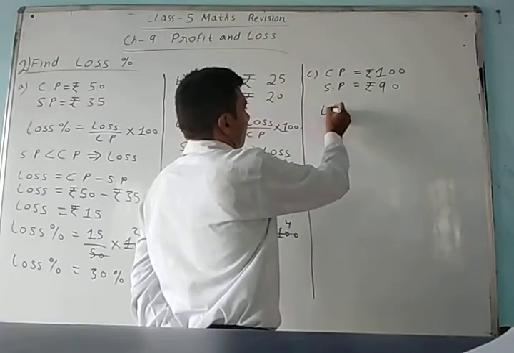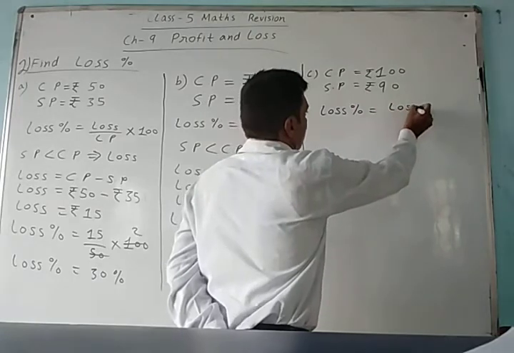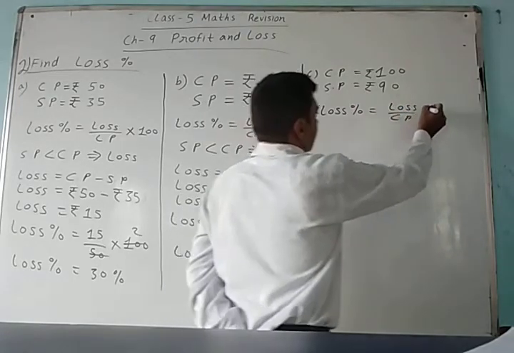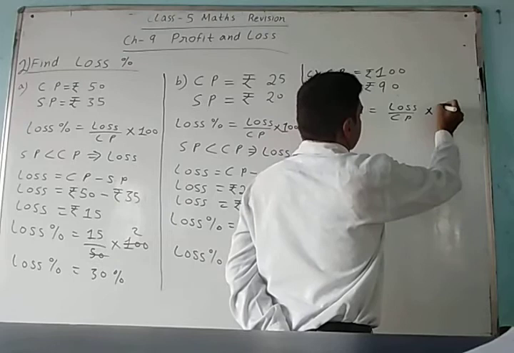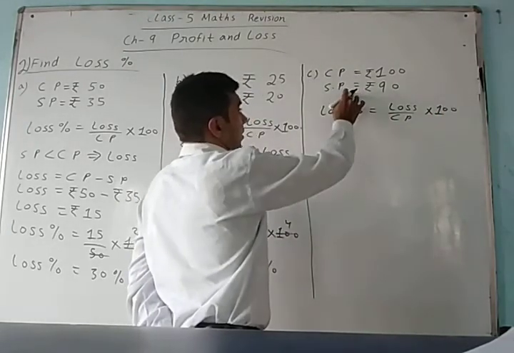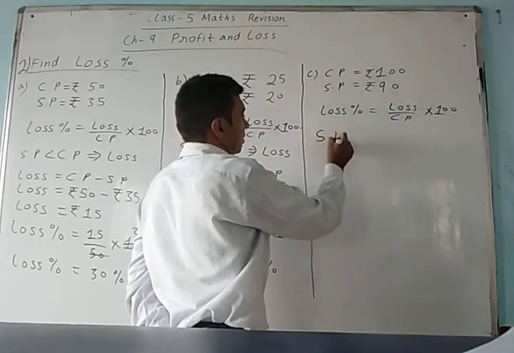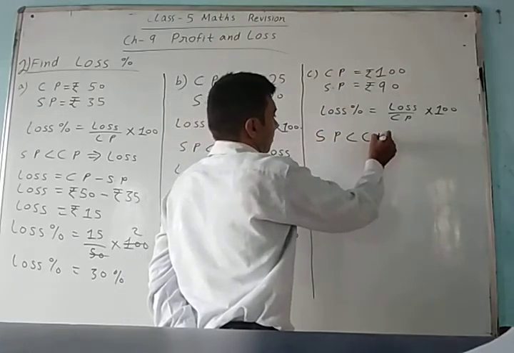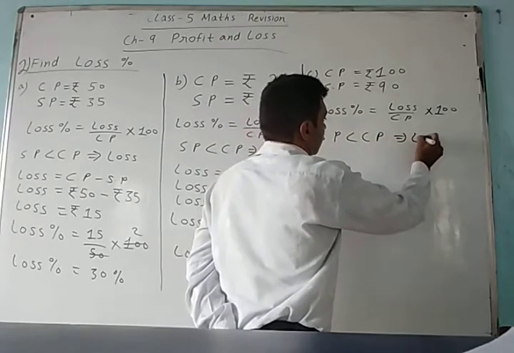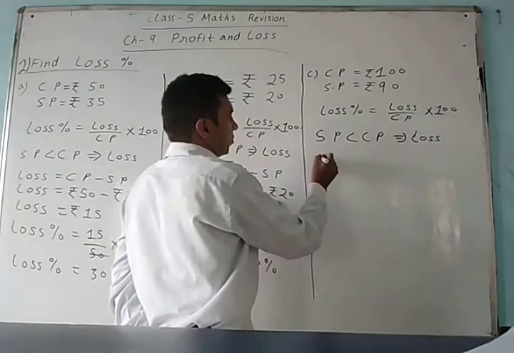Now next question: cost price is given rupees 100, selling price is given rupees 90. We know loss percent is loss upon CP into 100. We have to find out loss. The cost price is greater than selling price, so it is loss.